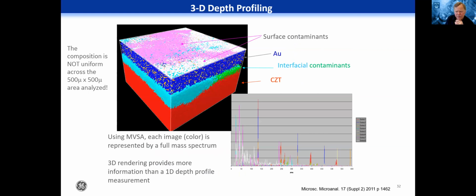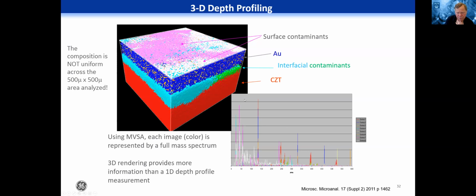With SIMS, we collect the image at every depth of a depth profile. We have a ton of data that are available. I've been working with a number of colleagues on multivariate statistical analysis, where we pretty much boil the entire data set into a few components. And the nice thing about the multivariate analysis is we could identify, number one, the layers that are present through the component.